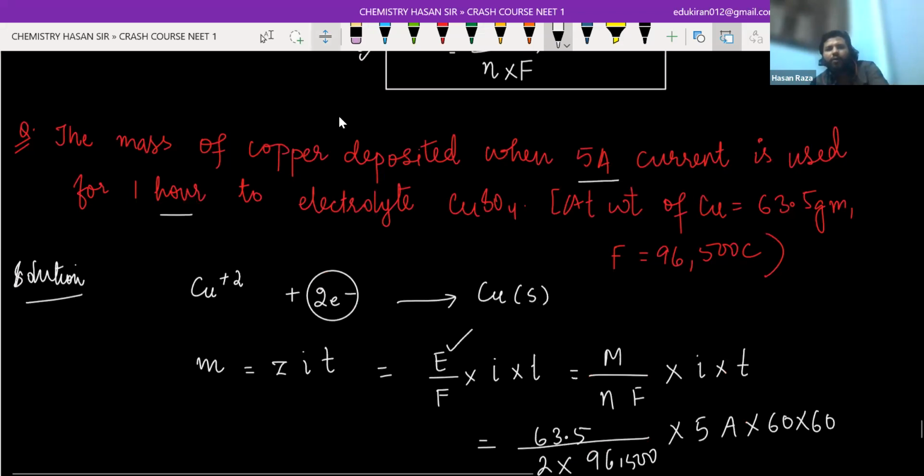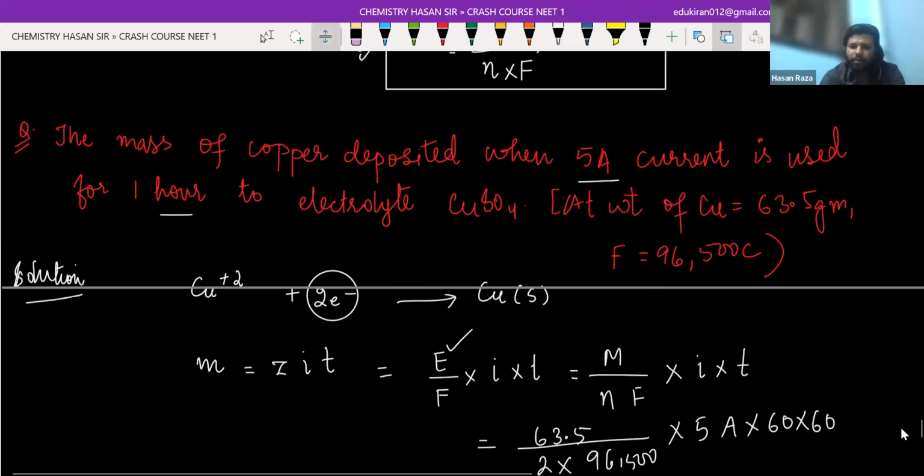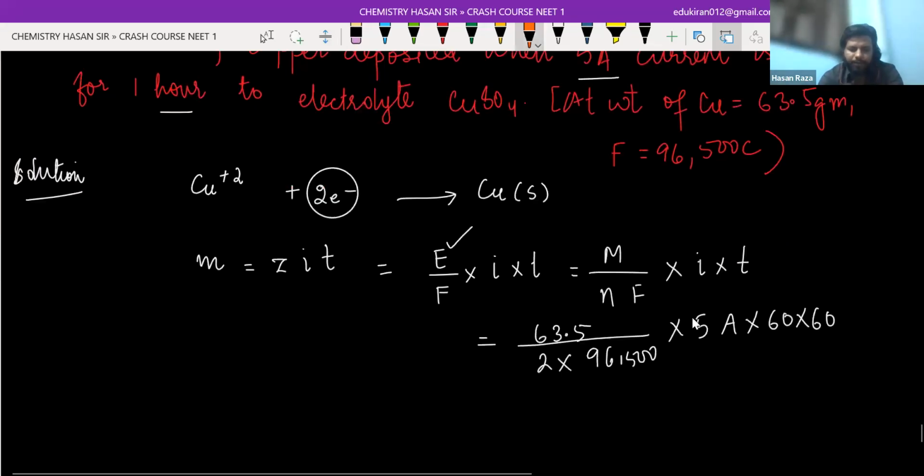If you solve it, you will get 5.9 gram, I think. So just calculate it.